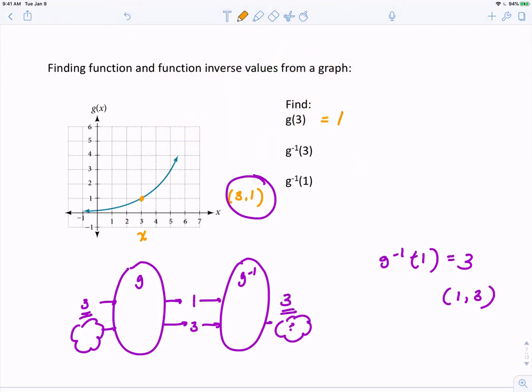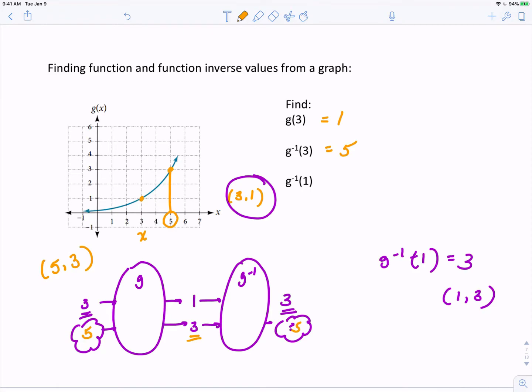All right, so if I take a look at a function value, a y value of 3, notice that it corresponds here with the point 5. In other words, the point (5, 3) is on the graph of g of x. If I put a 5 into g, I get out a 3. So if I put 3 into the inverse, what should I get out? I should get out a 5.